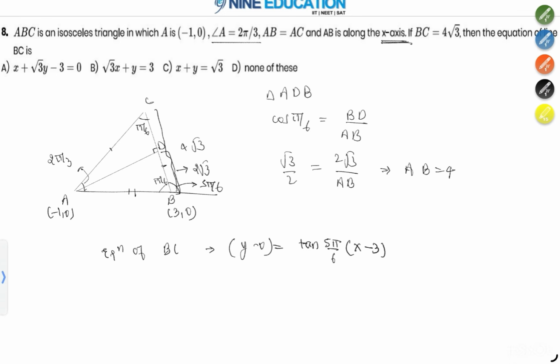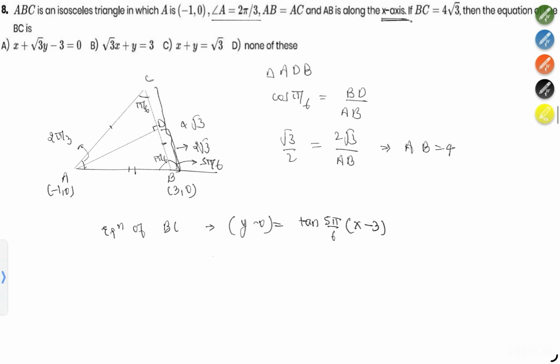This is the equation of BC. Simplify it. So you'll get y equals minus 1 by root 3 into x minus 3, which implies x plus root 3 y equal to 3. So A must be the answer regarding question number 8.